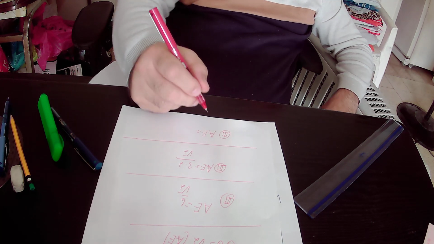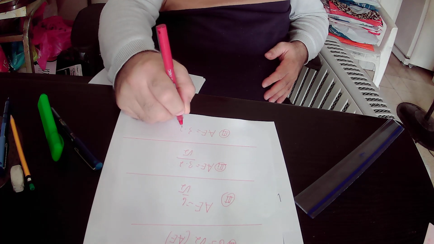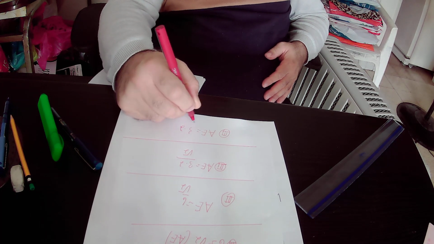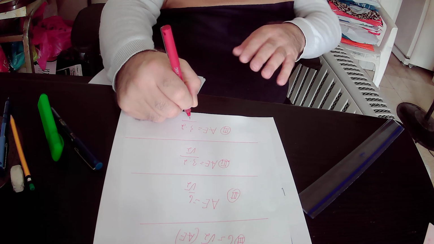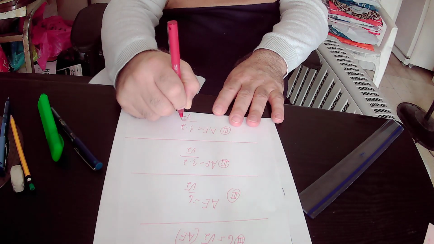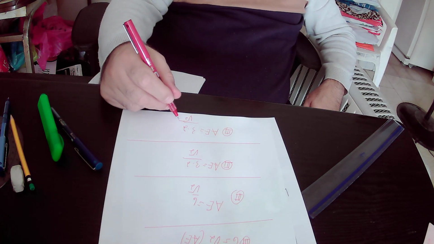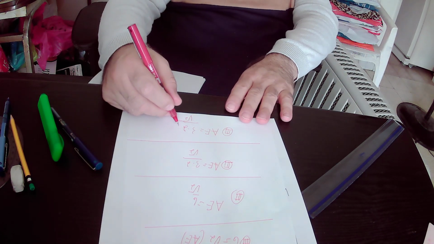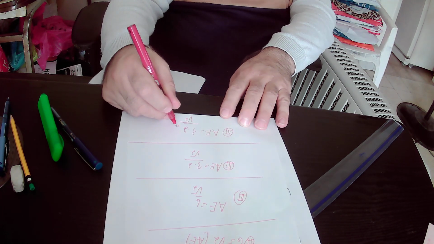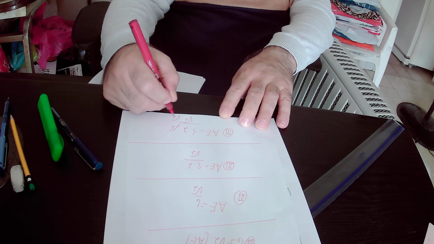AE equals 3 times 2 over square root of 2. So we multiply this expression by square root of 2, and then divide it by square root of 2.